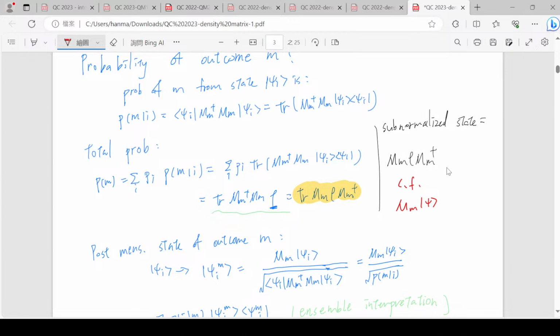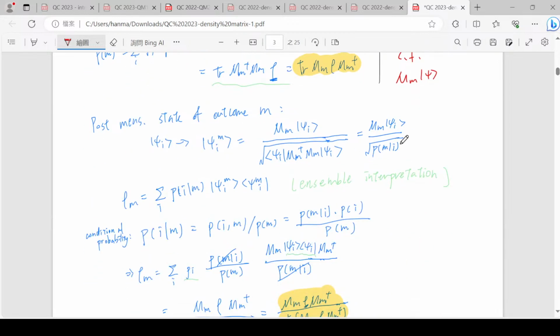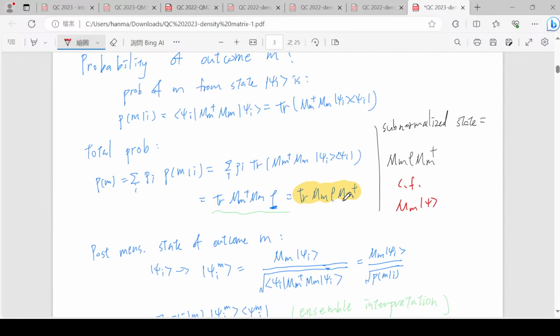So when you measure outcome m, rho becomes the subnormalized state M_m rho M_m dagger, and then we can calculate the probability and the actual normalized state. The probability before was a norm squared of this thing, and the probability now is the trace of this density matrix.